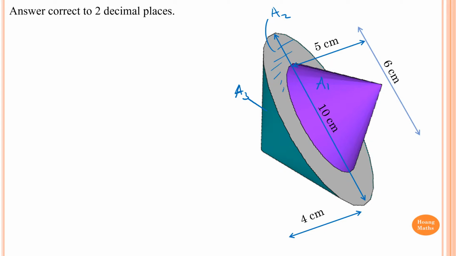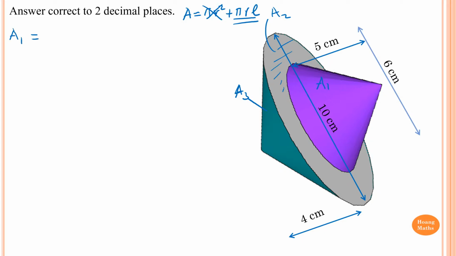So A1 is part of a cone, so we know that's the curve. The rule is A equals pi r squared plus pi r l, but in this case there's no circle, so all we have is this one here. So I'll work this out first.